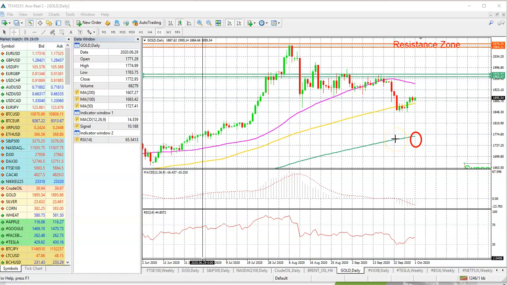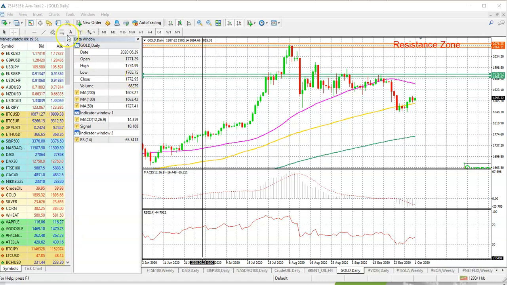In simple terms, this is just the average price for gold over 200 days. Then the next one is your 100-day moving average, the 100-day price average, and then finally your 50-day price average. All of these are simple moving averages.